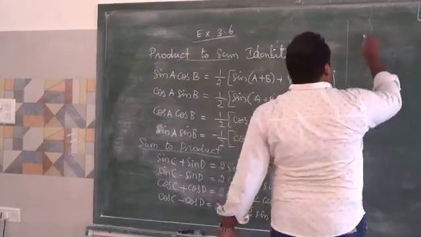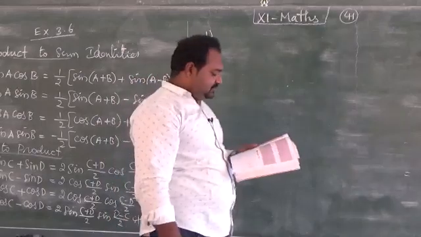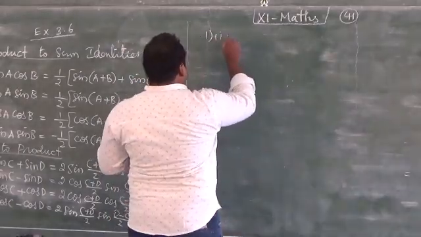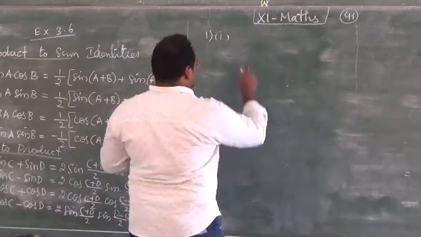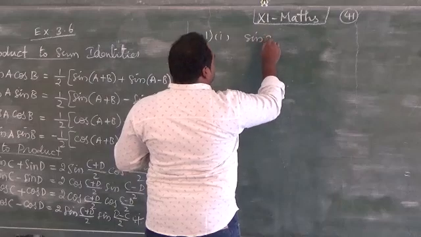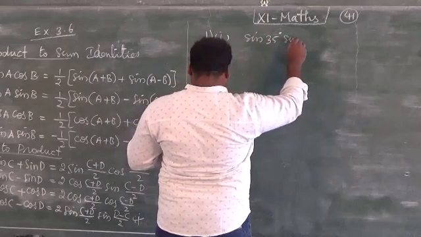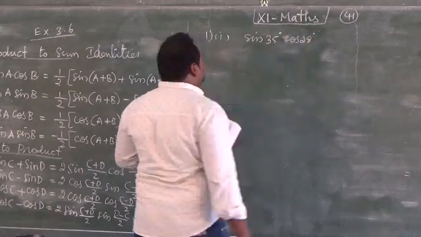So here, exercise 3.6, first problem. We have been given some subdivisions. First subdivision: express each of the following as a sum or difference. Here sin 35 degree cos 28 degree.